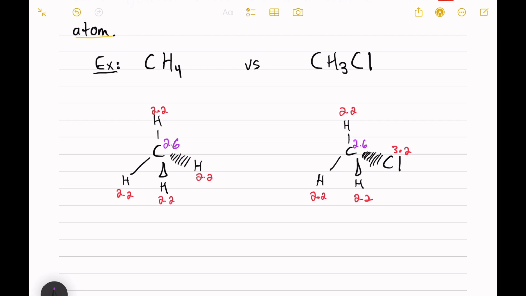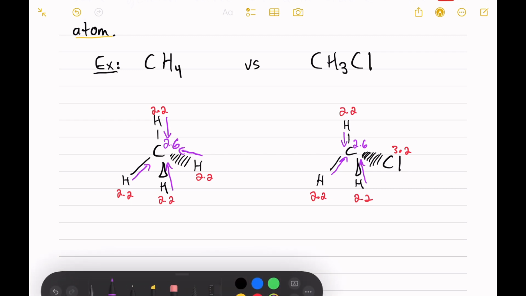So when I draw my bond dipoles, if I look at the first diagram of methane, I know that because carbon has a higher electronegativity, the bond dipole will face towards the carbon, and that'll be from all the hydrogen bonds. Now, same thing is true with the other one, where the hydrogens will face the carbon because of the higher electronegativity. But then I'm going to draw this in another color here.